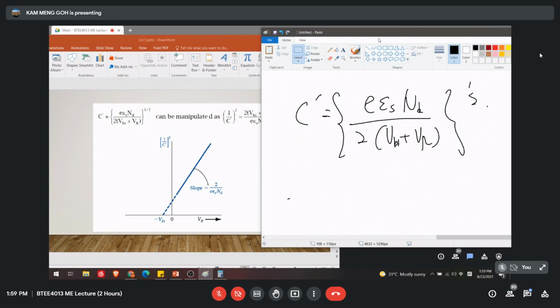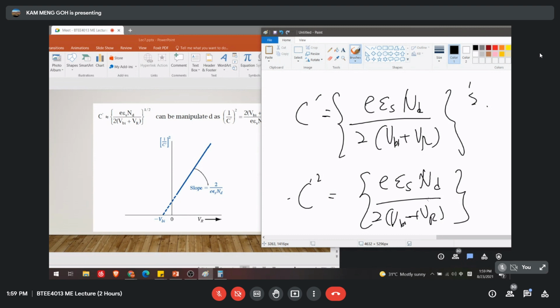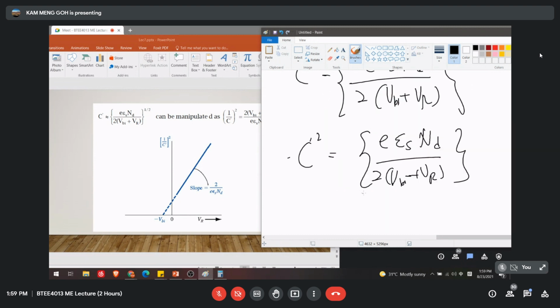If you square this, we can do something like this: 1 over C squared equals 2 (VBI plus VR) over q epsilon_s Nd.